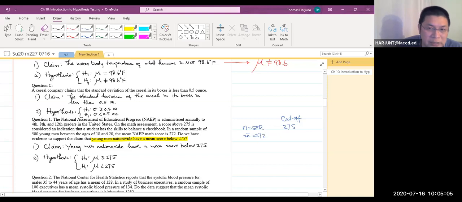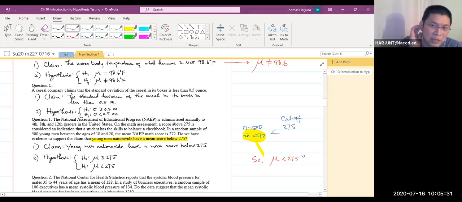Now, of course, the sample mean is clearly less than 275. Okay, but the problem is, does it mean the mu is less than 275?